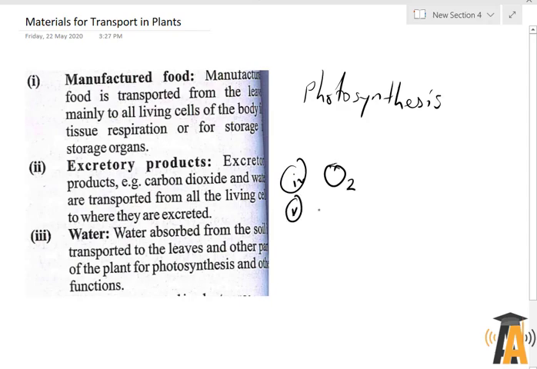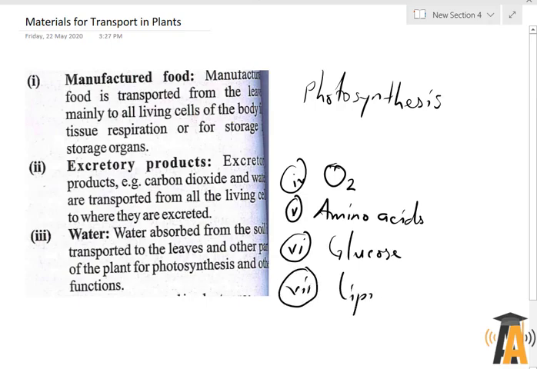We have amino acids. Also we have glucose, lipids and so on. Also we have hormones, mineral salts, and so on. All these are part of the materials that are transported in plants.